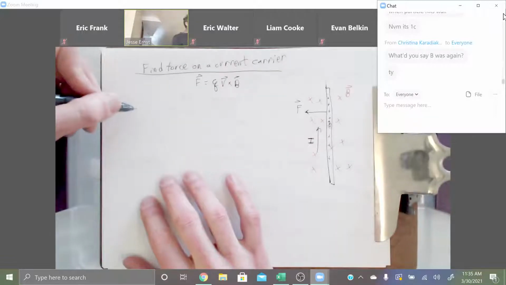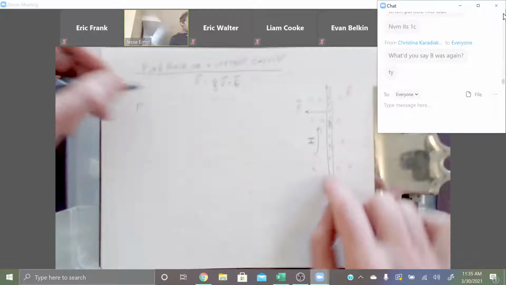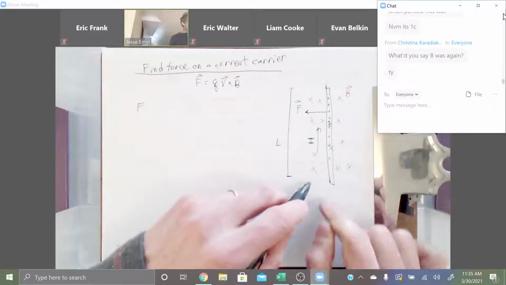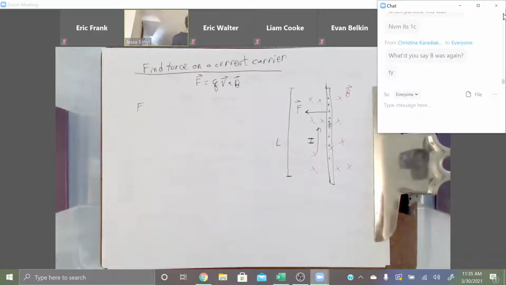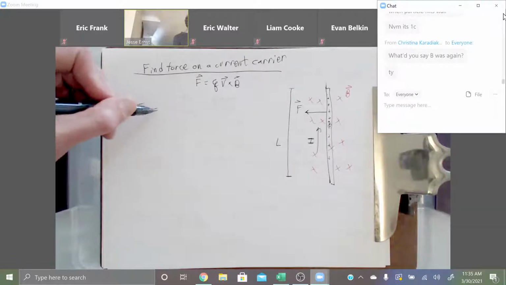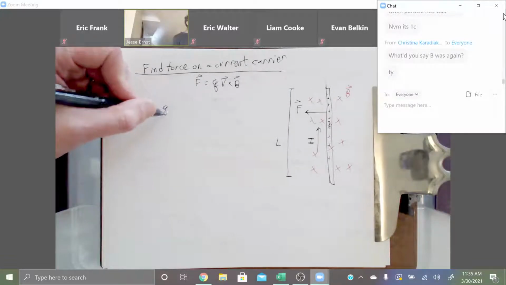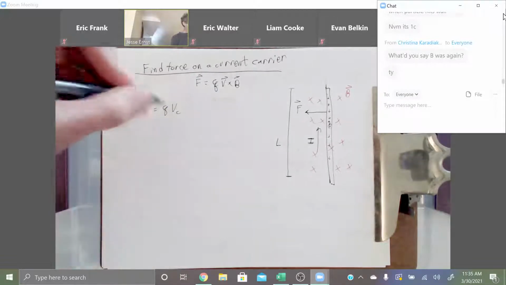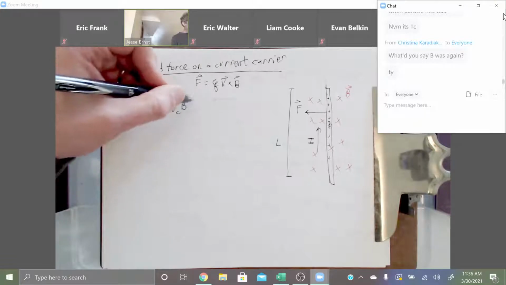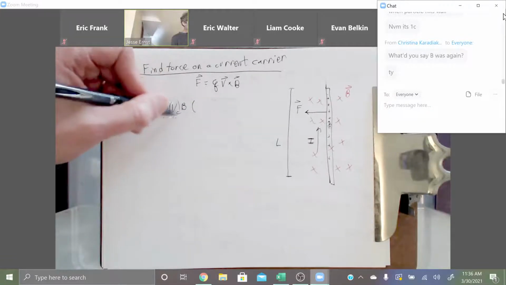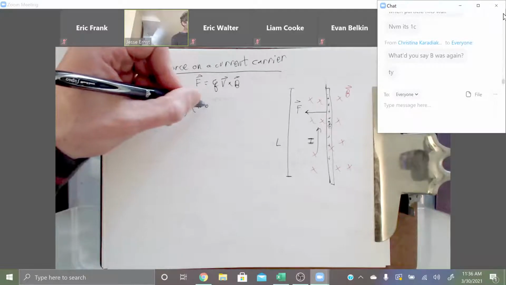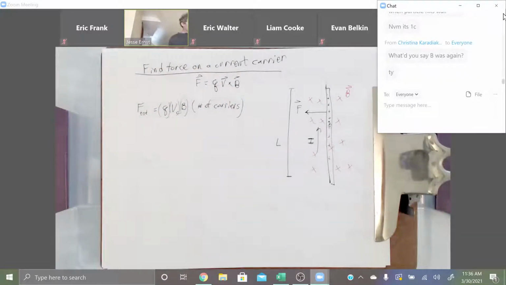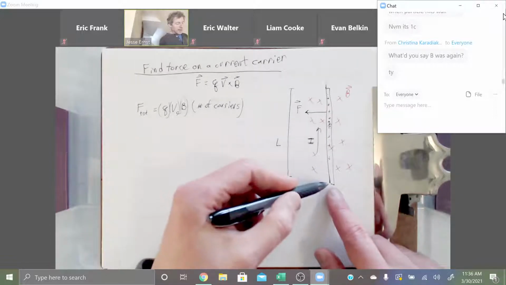So the total force on this section of wire that we're interested in, that's in a B field, has a length of L. So the force total is going to be Q times V sub C, which is the velocity of the carrier, times B times the number of carriers. Right? So this is the total force on this wire.